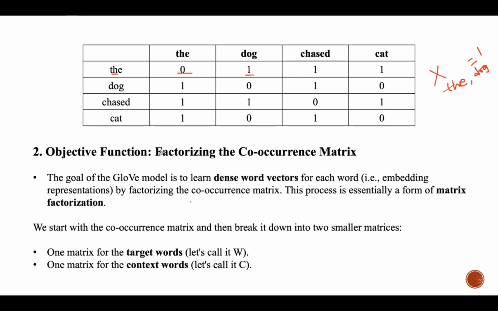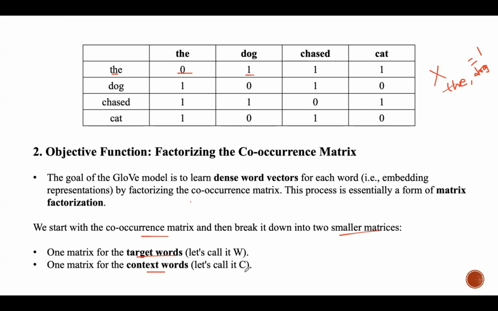Step 2 is the objective function. Once the co-occurrence matrix is built, GloVe tries to factorize the matrix to find dense vectors for each word that capture the relationship between the words. Here we start with the co-occurrence matrix and break it down into two smaller matrices: one matrix for the target words and the other for the context words. Here W is a matrix where each row corresponds to a target word in the vocabulary, and the rows represent embedding vectors for these target words.